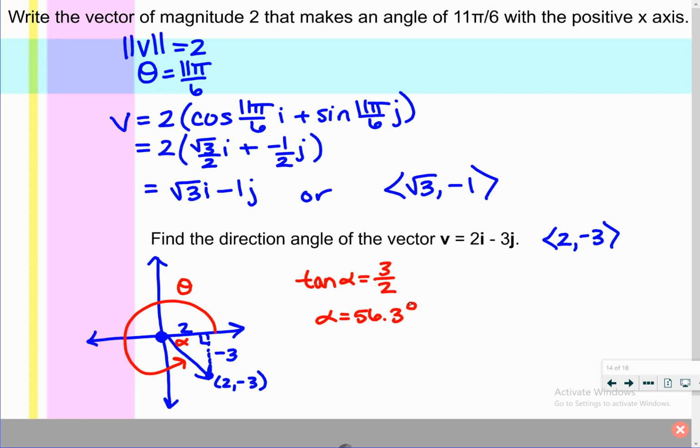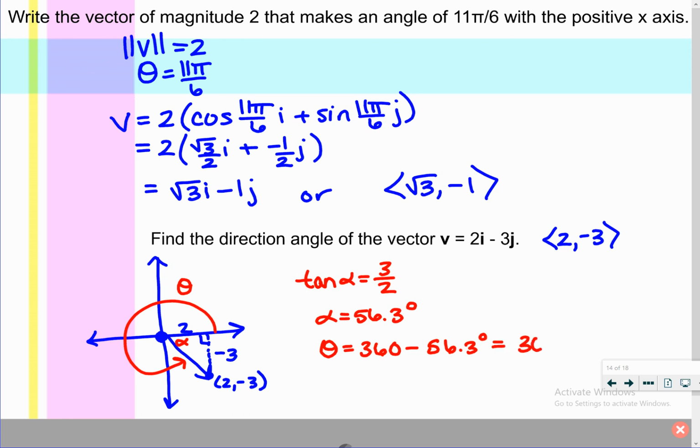Okay. How are alpha and theta related in this picture? And the picture is going to change depending on what quadrant you're in. How are alpha and theta related? Or how can I get theta from alpha? What would you do? Yep, Angela. Just 360 minus that angle.